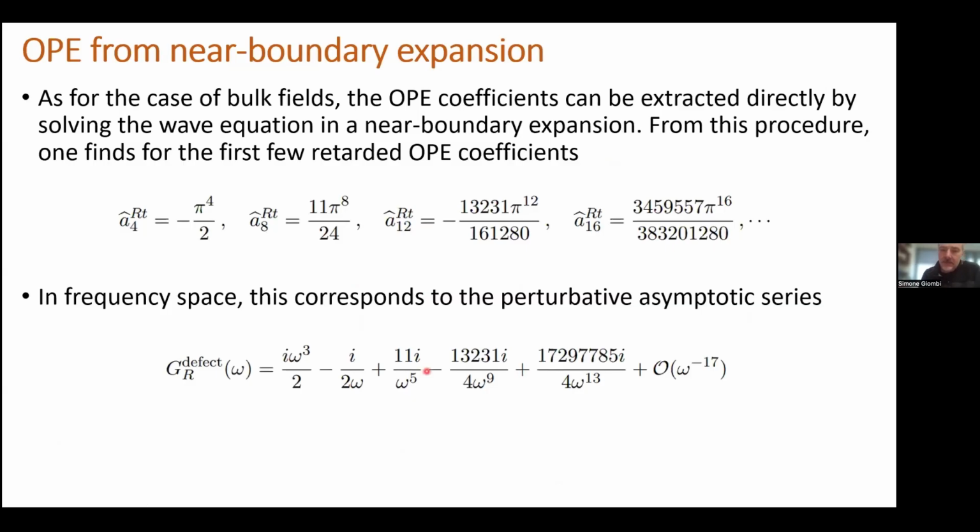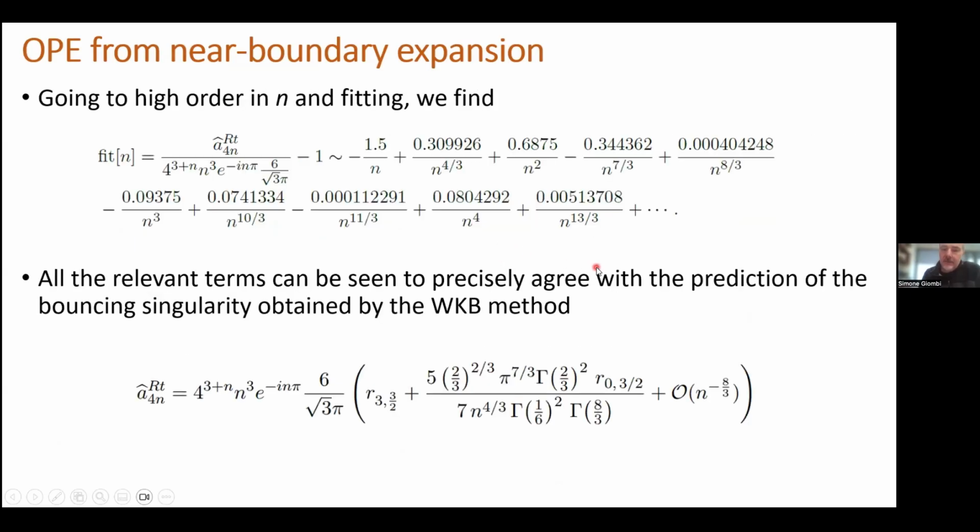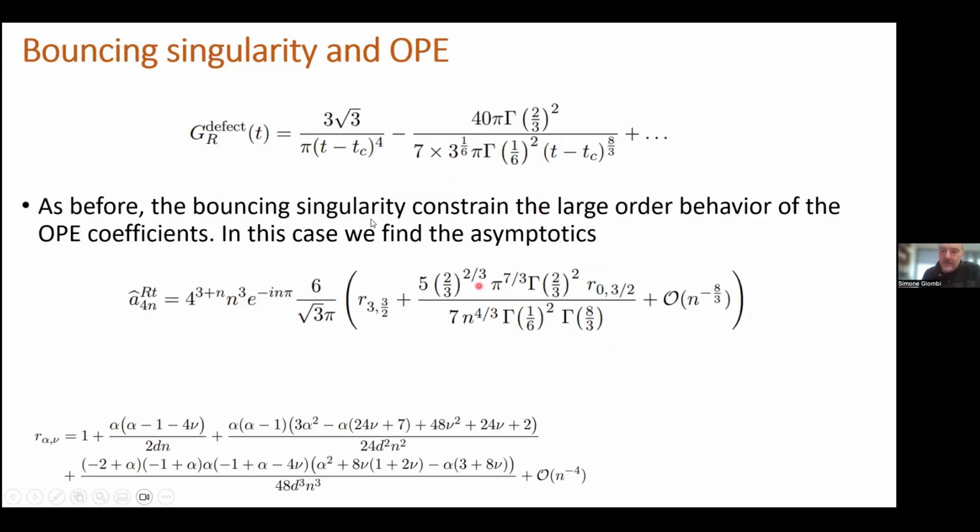In the near boundary expansion, you can compute all these OPE coefficients order by order and go to very high order, and do a fit. Here, just to show explicitly what kind of thing you get: you can do a fit by putting in an ansatz including integer and fractional powers as suggested by the prediction of the WKB analysis.